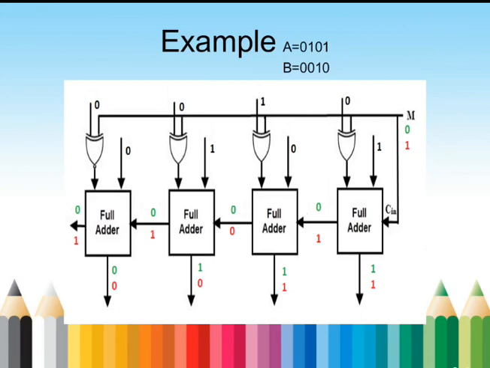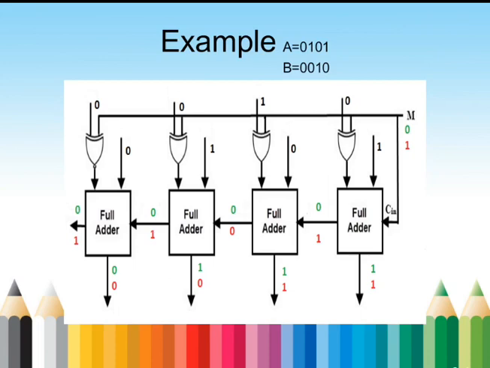We should provide m as 0. So m is connected to Cin and the parallel XOR gates for the full adder circuit. Now Cin is 0. To examine the first full adder circuit, Cin is 0, another input is 1, and the last input is 0 XOR 0.